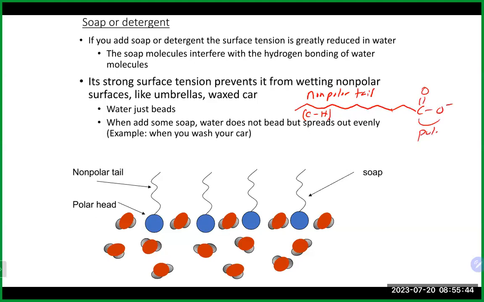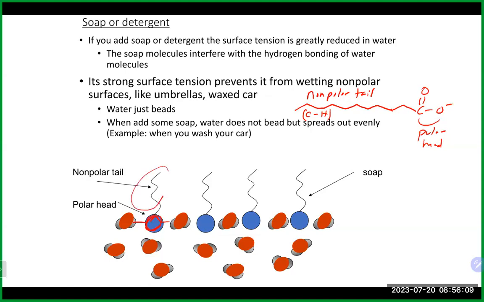It's a polar part, kind of like a carboxylic acid, and that's sometimes referred to as the polar head of soap. And what happens when you put soap in there, it's able to basically break out that surface tension because the polar part of soap is able to interact with the polar water. So it's able to kind of get in there between the water molecules and sort of spread it out.